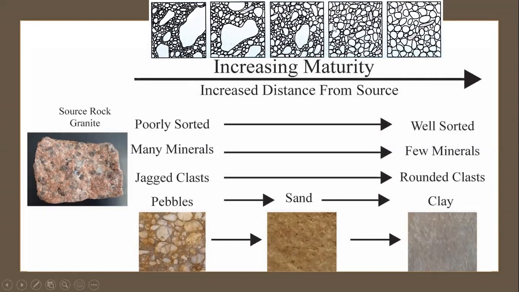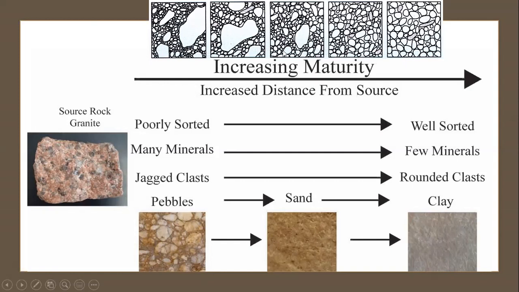Whereas if we go all the way to the right and we look at that picture to the right, all these grains are very well rounded. They're very similar in size. That's a very mature rock, and it's very well sorted. And then you have your intermediates here.